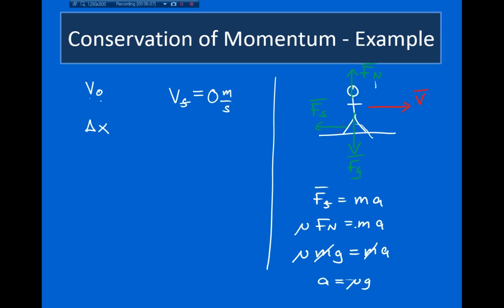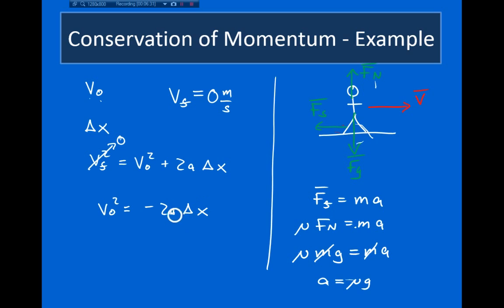The way we can do this is by using the equation v final squared is equal to v initial squared plus 2a delta x. In this case, the final velocity is 0, so we have that v initial squared is minus 2a delta x. If we think about the two skaters, the acceleration always points in an opposite direction as delta x.